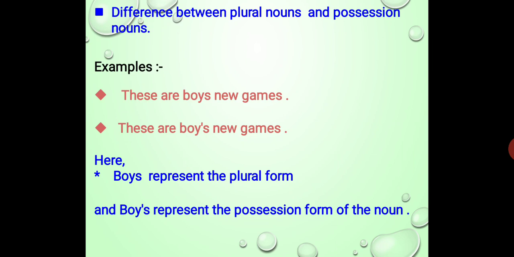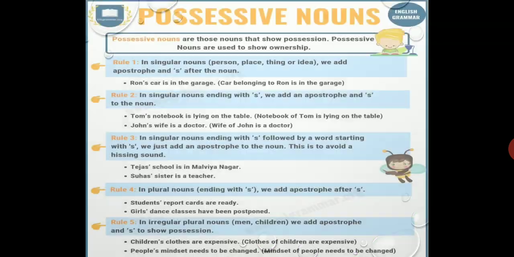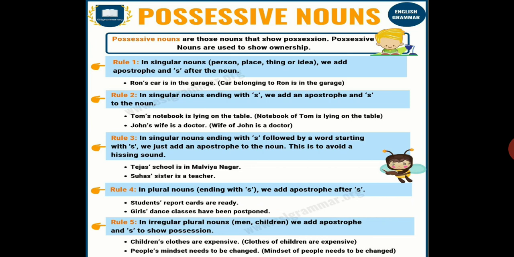These are some basic rules of the possessions. Today we learnt about some basic rules of possession. In singular nouns we add apostrophe and s after the noun to show their possession.